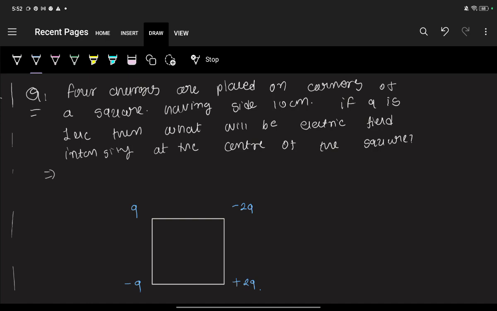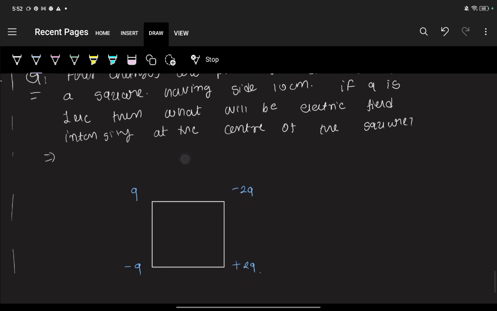It does not require a charge to find the electric field due to a charge. Remember? Sir, is it zero? Did you write it down? Yes, sir, I wrote it down.